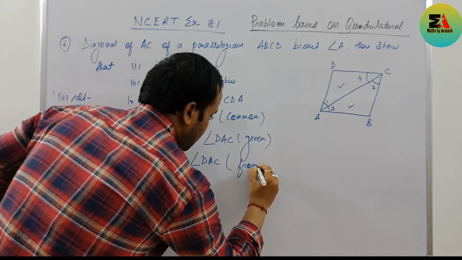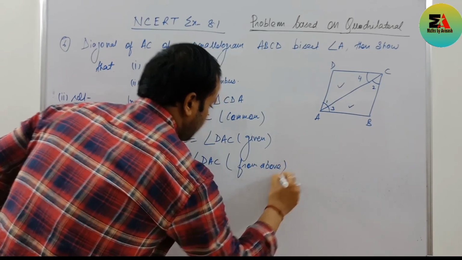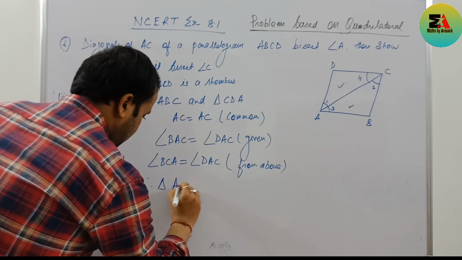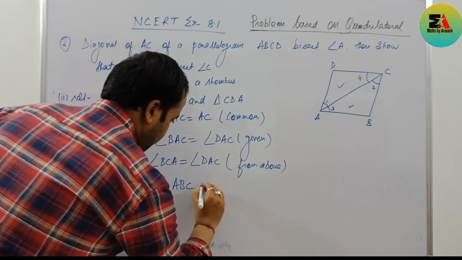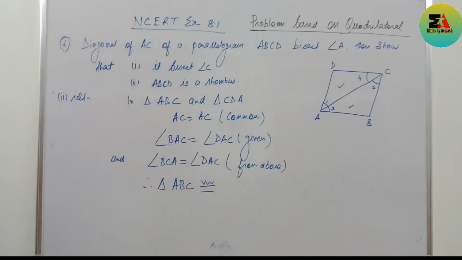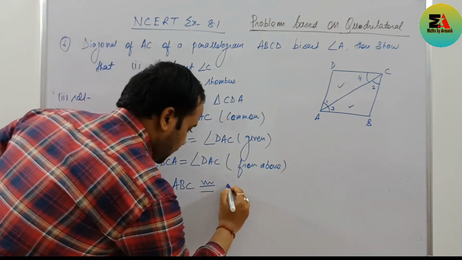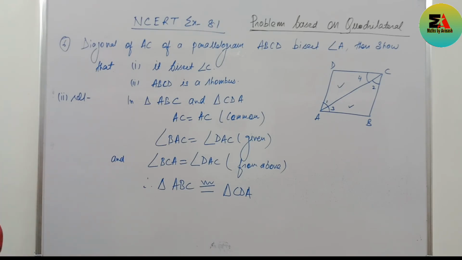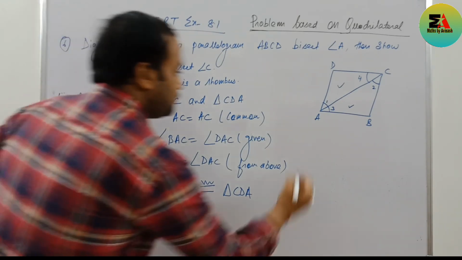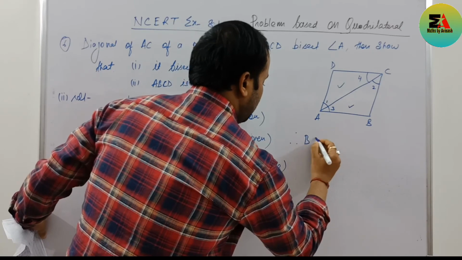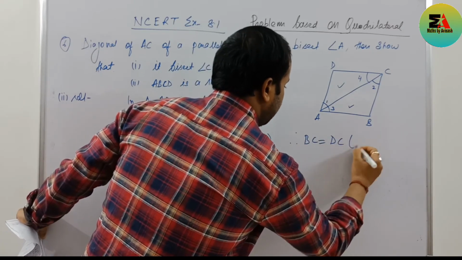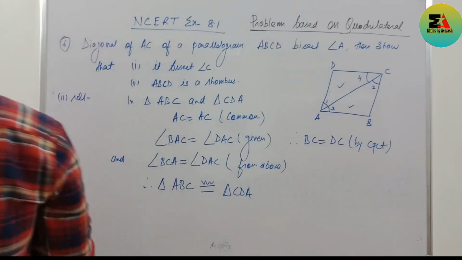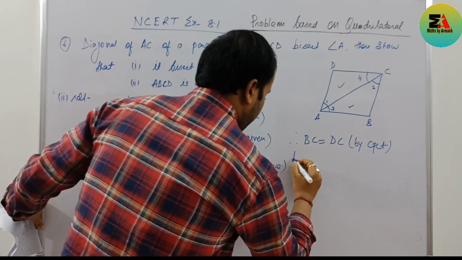Clear? Then we say triangle ABC is congruent to triangle CDA. When triangles are congruent, by CPCT, therefore BC equals DC. Clear?